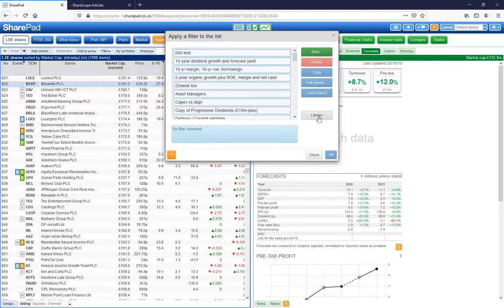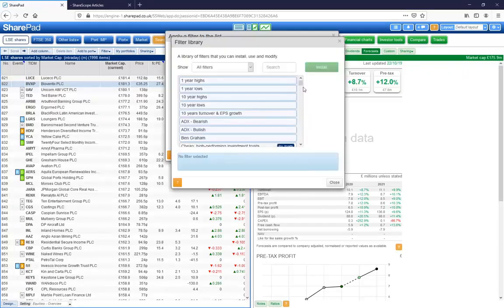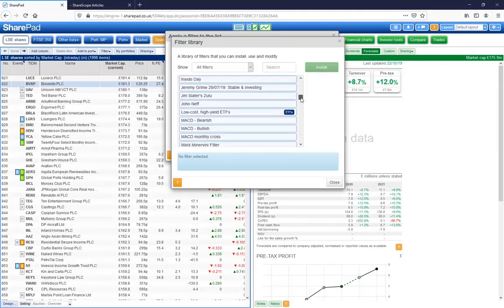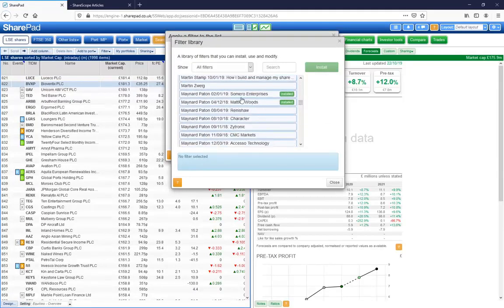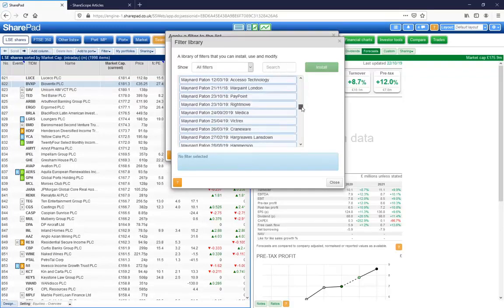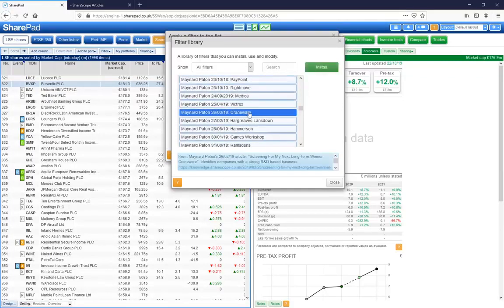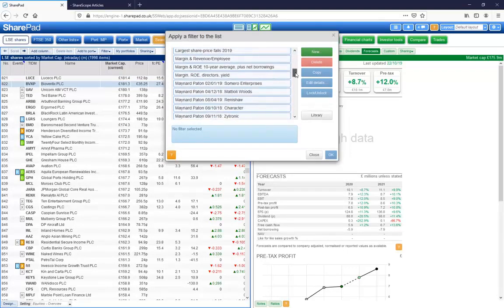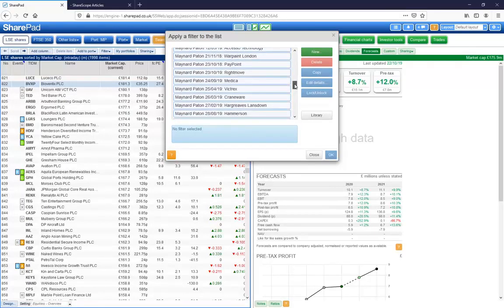So you click library and you scroll down to find my filters. So my filters are all here, and you can click on the one you like and then just click install and it's done, and you'll see them. You'll see installed up here, and mine are all here. That's it.